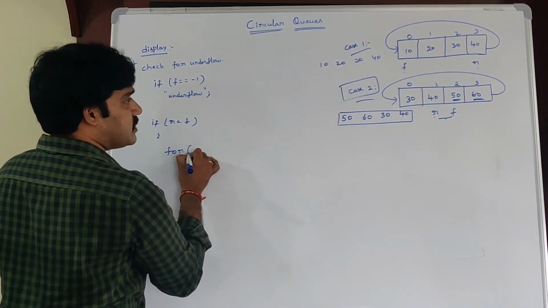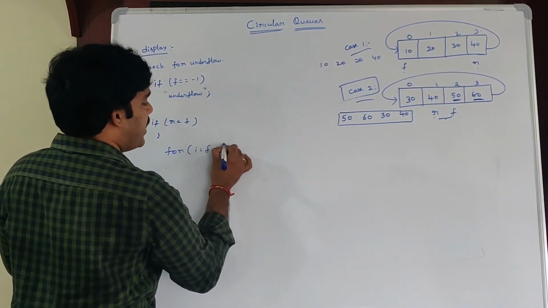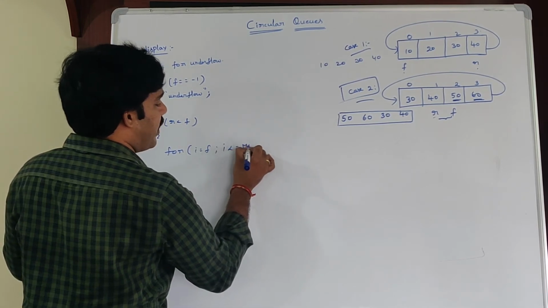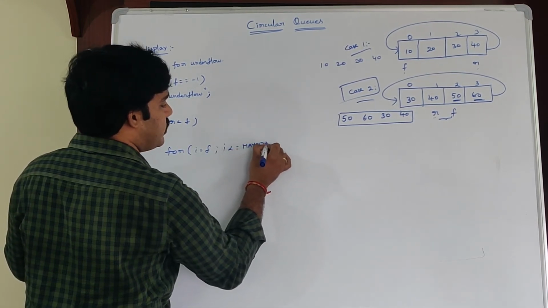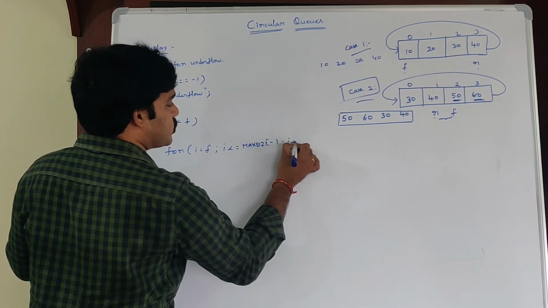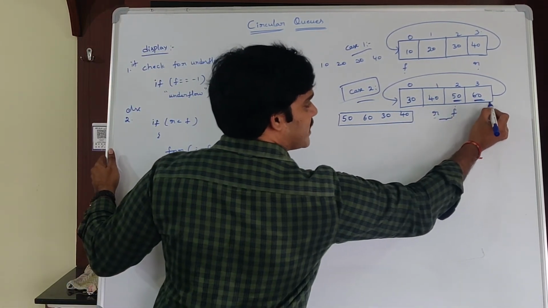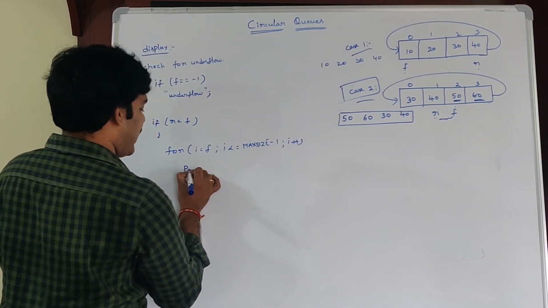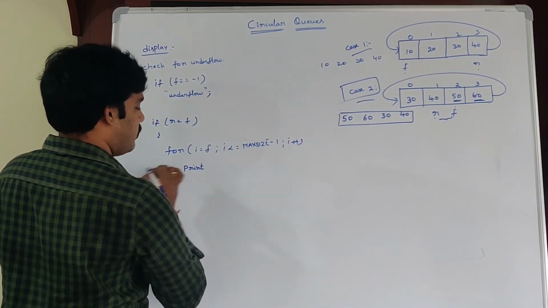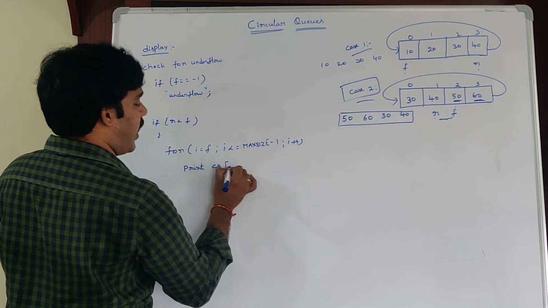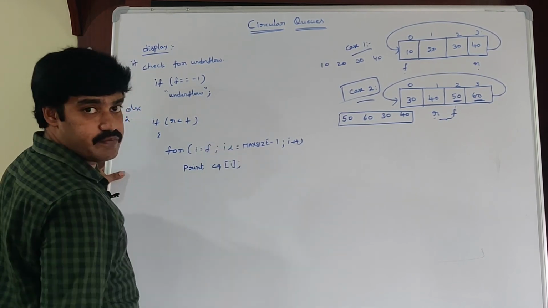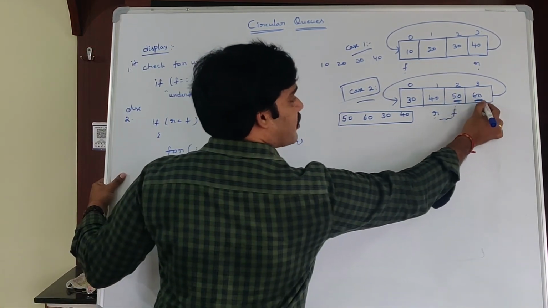For I is equal to F, I is less than or equal to max size minus 1, I plus plus. So for I from front to max size minus 1, display the elements, print CQ of I, that is 50 as well as 60.